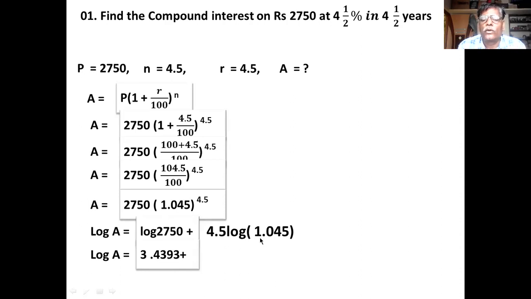Regarding 1.045, how to see this in the logarithm table? You have to see this number in the logarithm table. Here 4 numbers are there.